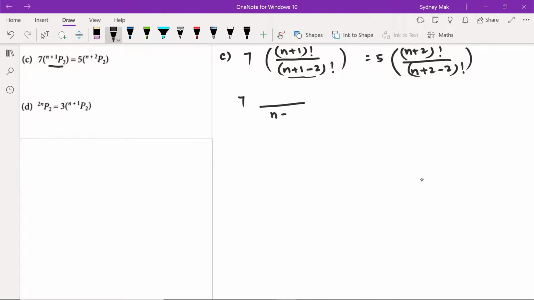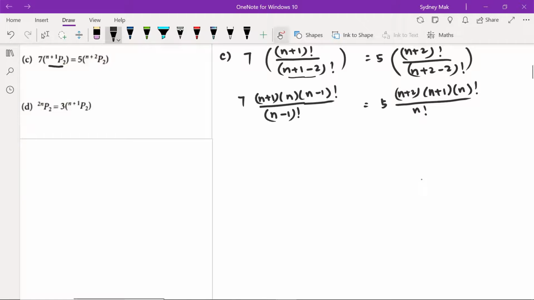Let's write down n minus 1 factorial. So we expand the n plus 1 factorial into n plus 1 times n, times n minus 1 factorial, equals 5. The one at the bottom is n factorial. So n plus 2, n plus 1, and then n factorial. So let's simplify. The n minus 1 factorial simplifies with the n minus 1 factorial. n factorial simplifies with n factorial.